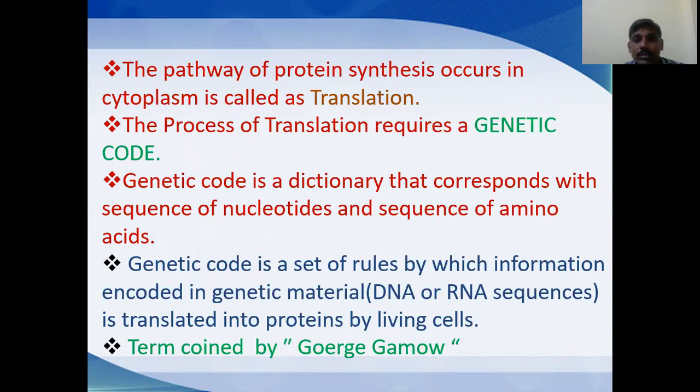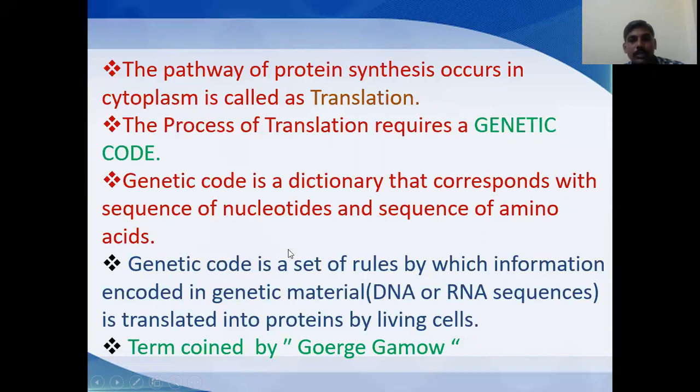Without the genetic code, there is no accuracy of the genetic information transcribed into RNA, and the RNA, with the help of genetic information, constructs the polypeptide chain. So the genetic code is a dictionary that corresponds with the sequence of nucleotides and the sequence of amino acids.